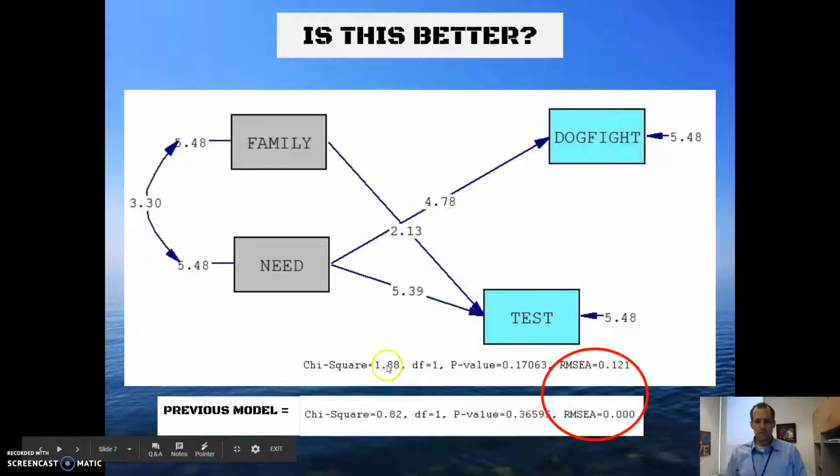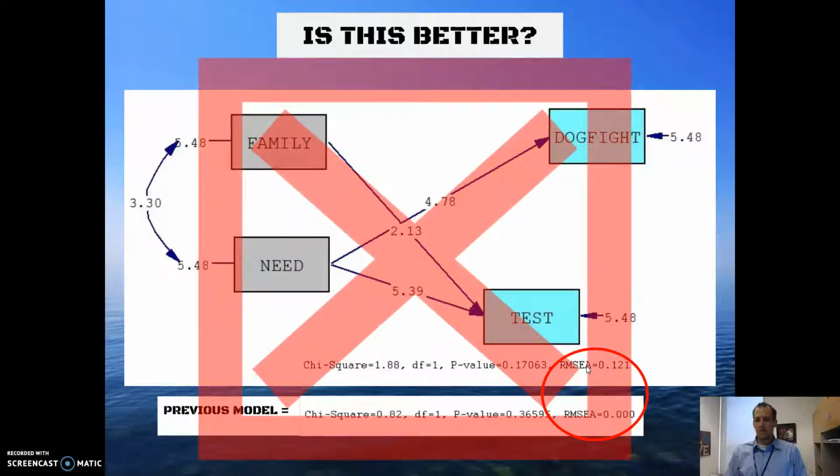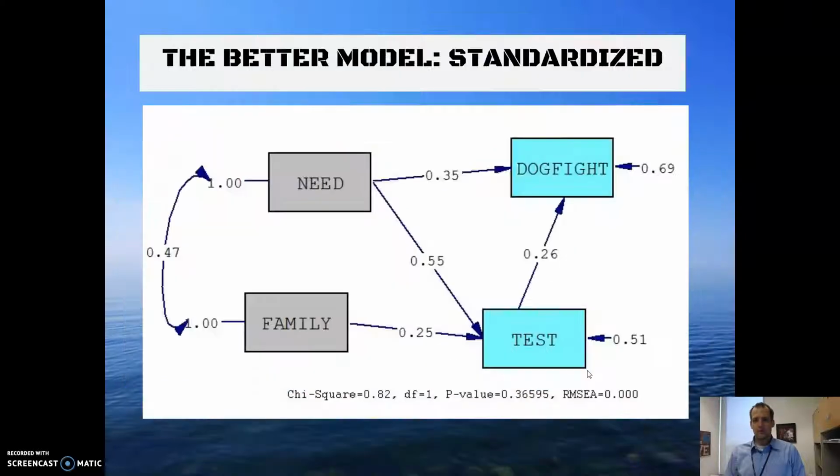The chi-square value did go down, and the p-value went up, but also the RMSEA, or root mean square error of approximation, went up. Since we want our RMSEA to be low, it seems like this model is not as good as the previous one. As far as fit for the data, the other one, this one right here, fits a little bit better.